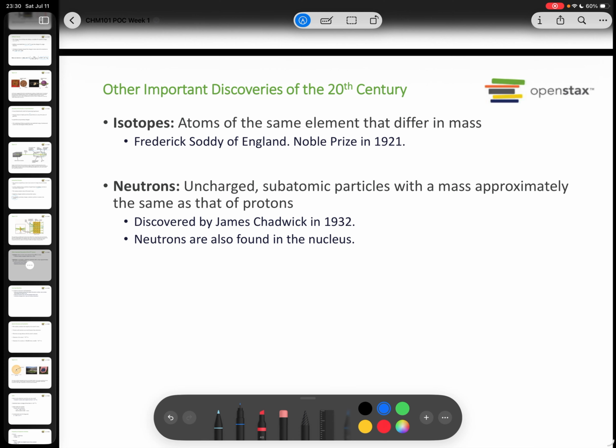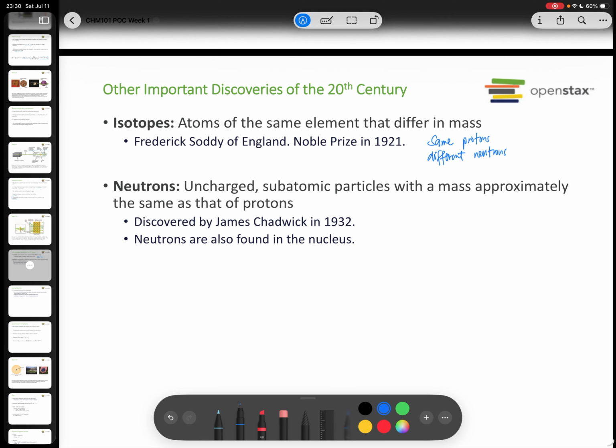Tandaan nyo, same number of protons and different numbers of neutrons. Same protons, different neutrons. Okay? Later on, James Chadwick naman discovered the neutron in 1932.